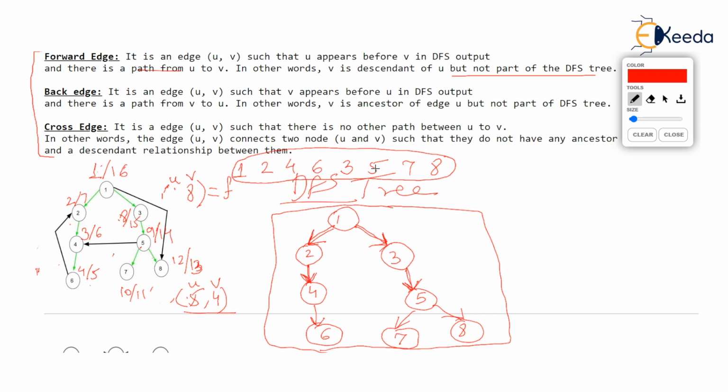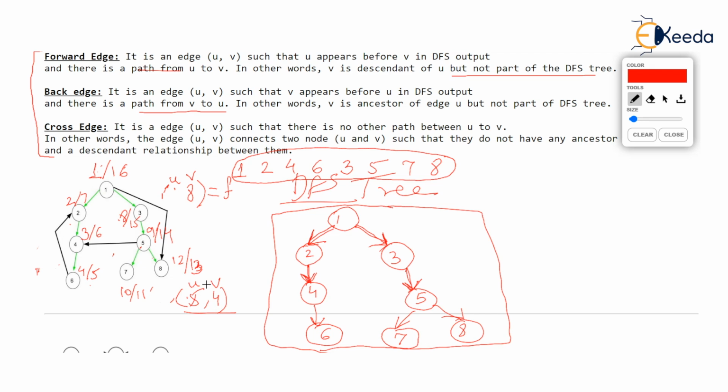In fact, 4 comes before 5. So you see that v comes before u. So it can be a back edge, but wait. Because v comes before u in the DFS output, it can be a back edge, but there is one more criterion. There should be a path from v to u. Is there any path from 4 to 5? Let's see.